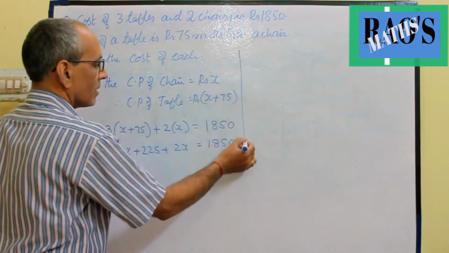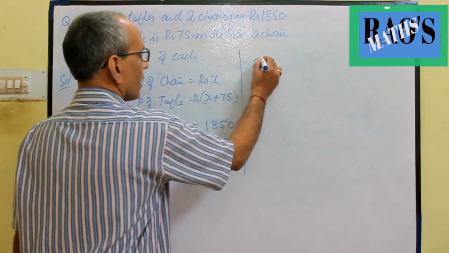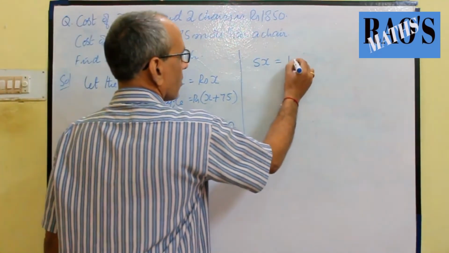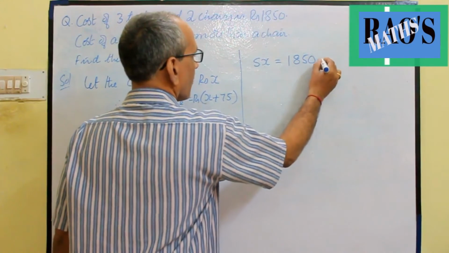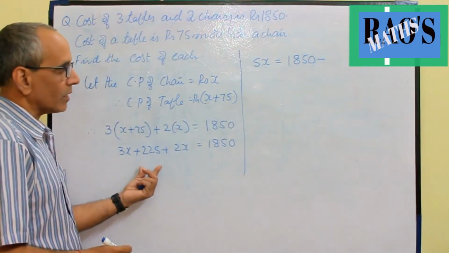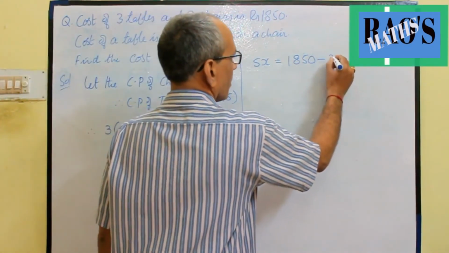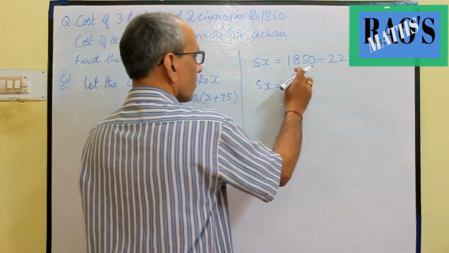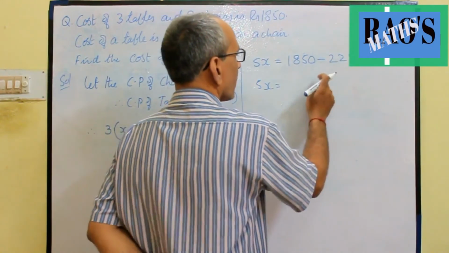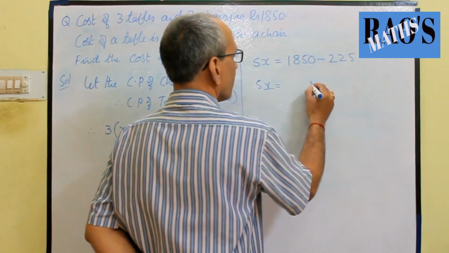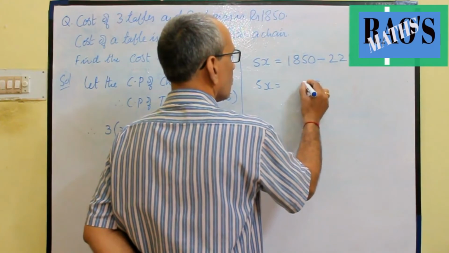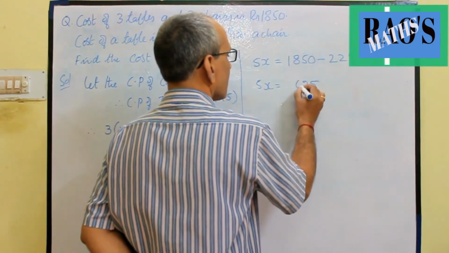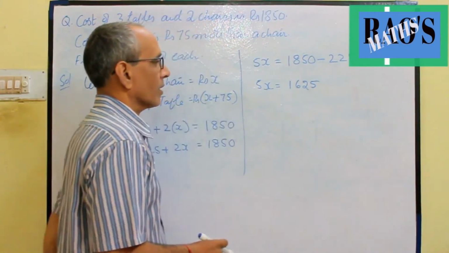So we remain with 5x on the left hand side and on the right hand side 1850 followed by the transposing of 225. So 5x is equal to 1850 minus 225. 10 minus 5, 5. 4 minus 2, 2. 8 minus 2, 6. 1. So 1625.